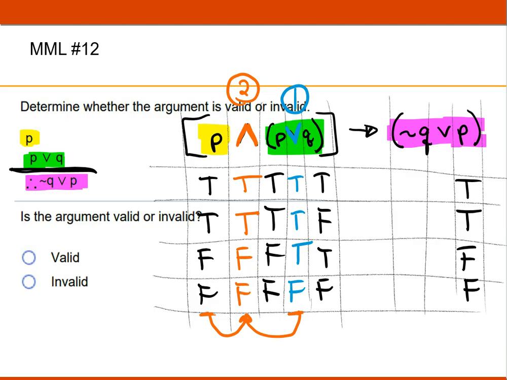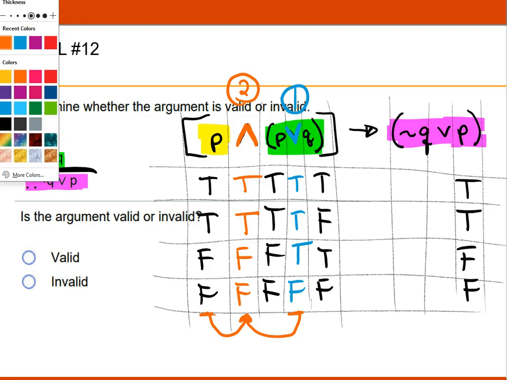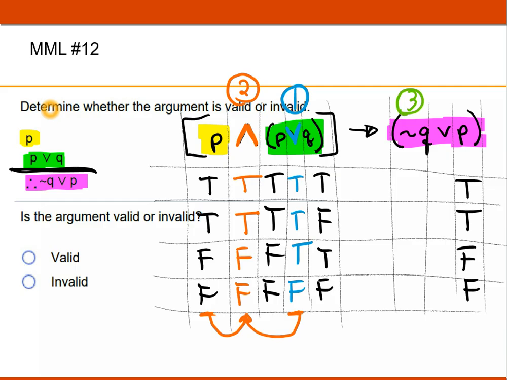So true and true is true, true and true is true, but false and true is false, and false and false is false. Okay, then I'm going to go over to the other side of the arrow, and I am going to do this negation third. And so to get this negation, I have to look at Q. Where's Q? Q is true, false.